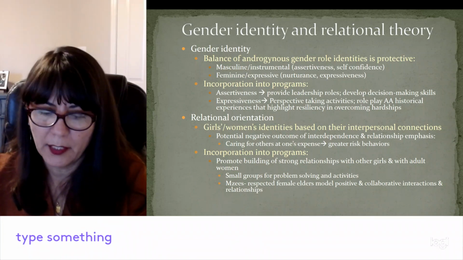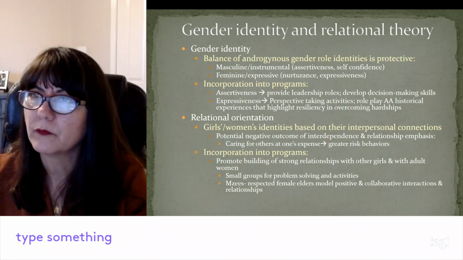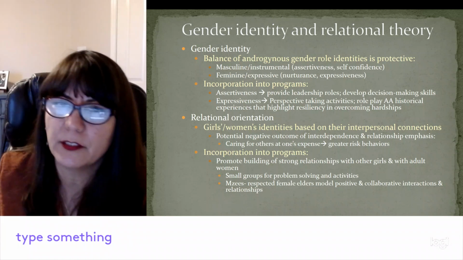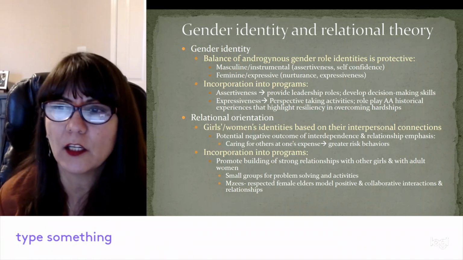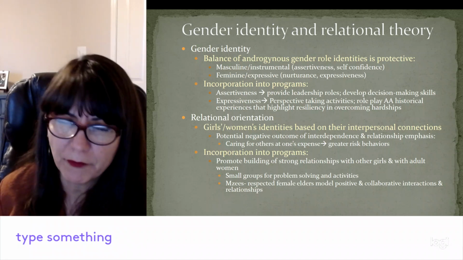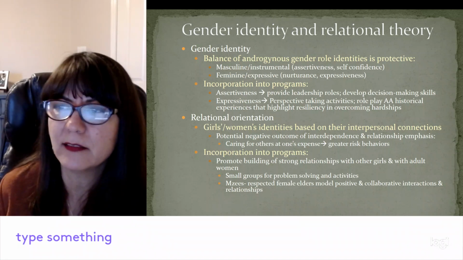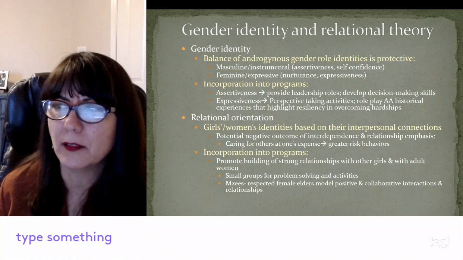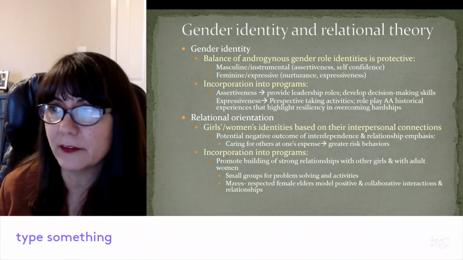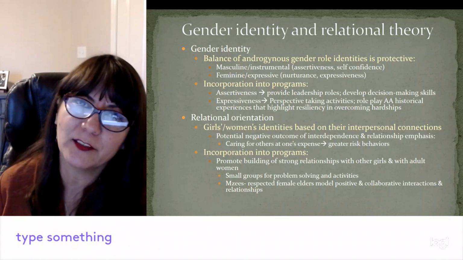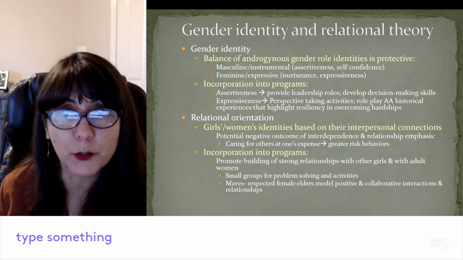Again, they tried to promote gender identity and relational theory. And so gender identity, they talk about how African American girls are socialized kind of in this androgynous gender role that is protective of the girls, so that it incorporates both masculine and feminine traits.